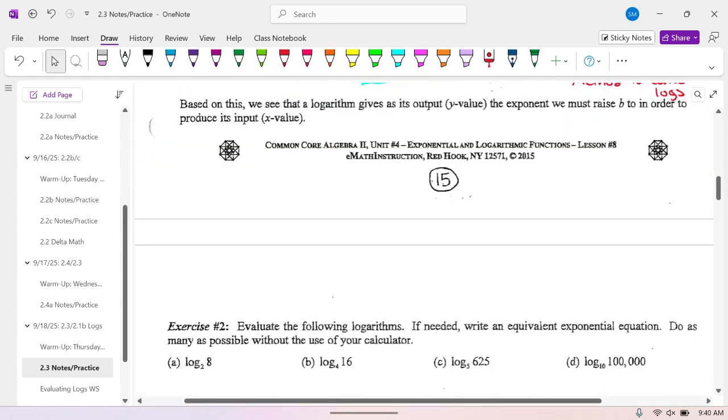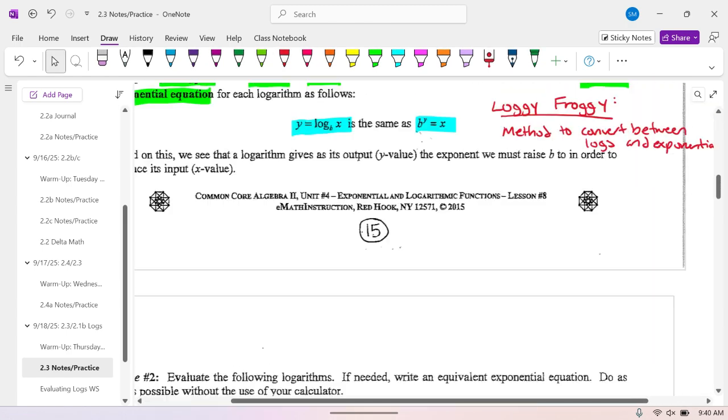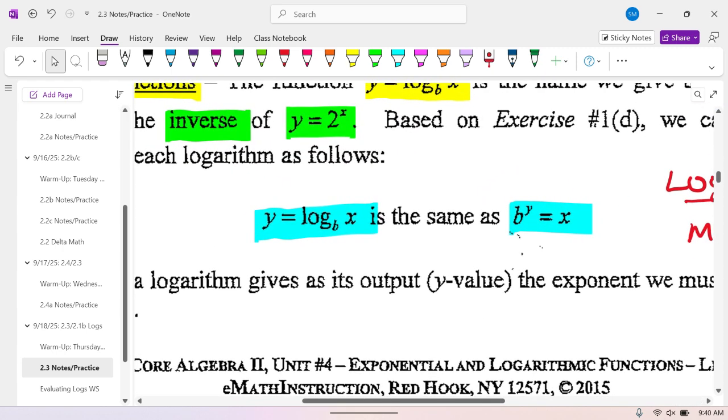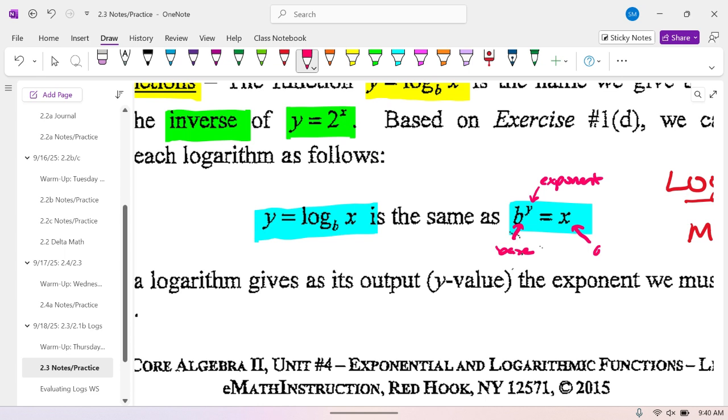Now, a couple of things to note with a log function before I even get into that. We know that with an exponential function, b is your base. Whatever's in the exponent is your exponent. And whatever it's equal to is known as the argument. Well, it's the exact same thing with log functions, but they're in different spots.